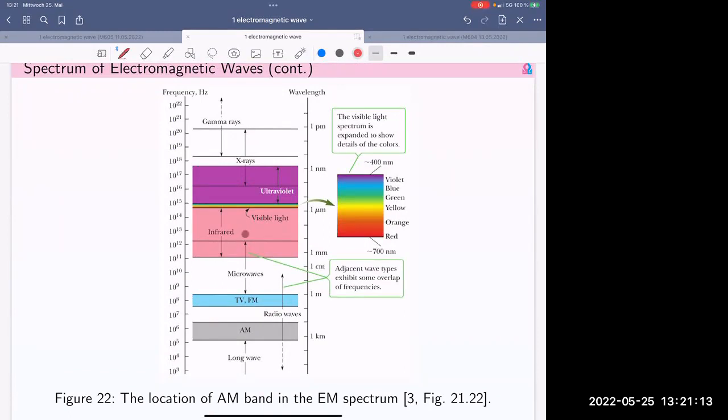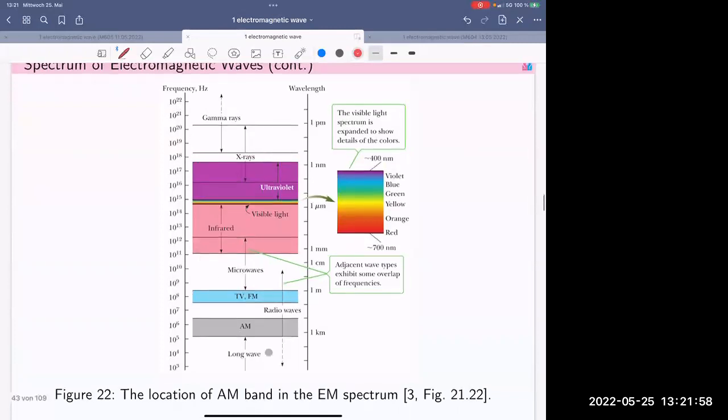Let's move to the location where the AM band is, right? AM, or amplitude modulation, is right here. The extreme bands like gamma rays and X-rays are over there, and the frequency for those two bands is very high, like 10 to the 22 or something like that.